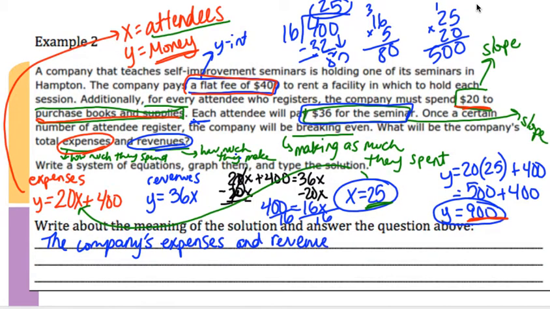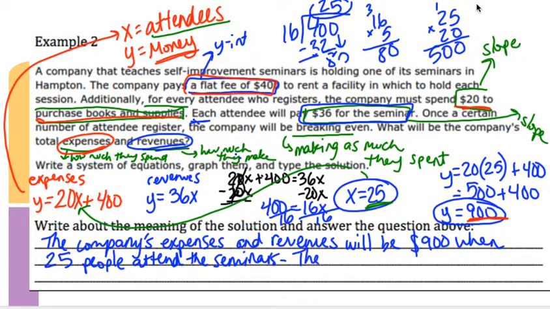Will be $900 when 25 people attend the seminars. The X value represents attendees, and the Y value represents money.